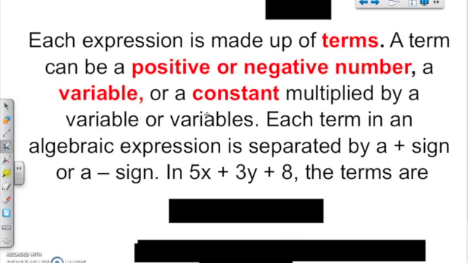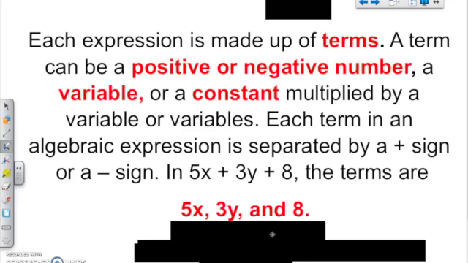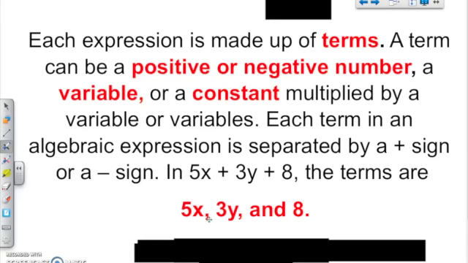For example, you might have 3xy. Each term in an expression is separated by a plus sign or a minus sign. So in the example that we had earlier, 5x plus 3y plus 8, the terms are 5x, 3y, and 8. Each one of those is a separate term. So going back to that vocabulary, this would be a trinomial expression.